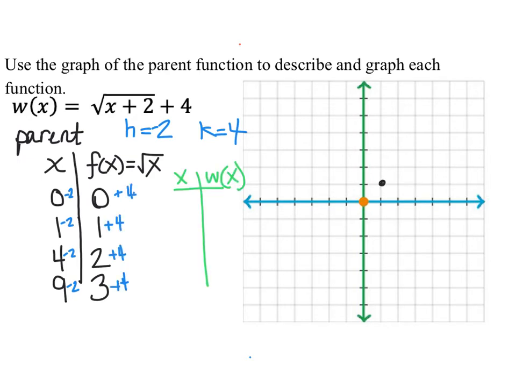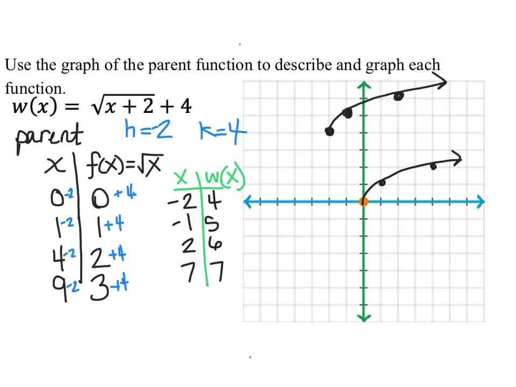So my original parent function here, 1, 1, 4, 2, is like this. And my new one, let's see, -2, 4, -1, 5, 2, 6, and 7. So I'm going to graph these ordered pairs. And here is my transformed function.